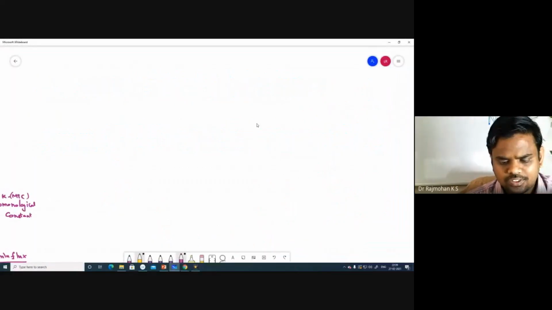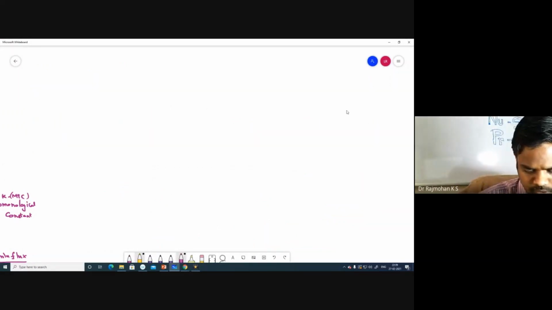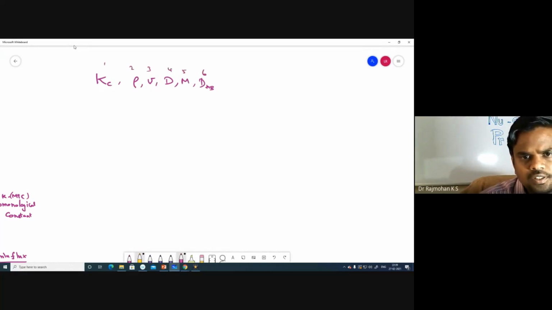Now we have 6 parameters, and we can proceed. What are the important parameters? We have Kc, rho, V, D, mu, and DAB. There are 1, 2, 3, 4, 5, 6. So according to Buckingham pi theorem, the number of variables is 6.